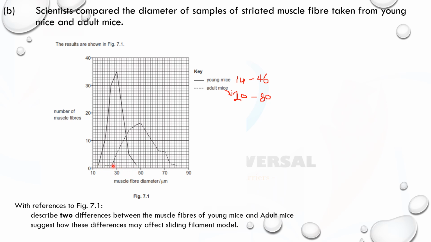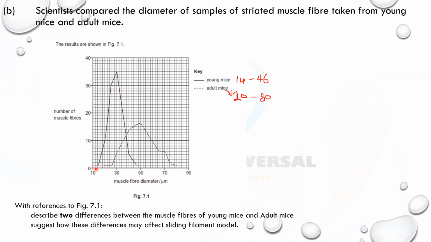because myofibrils make up the muscle fiber diameter. So smaller diameter means fewer myofibrils, and fewer myofibrils means fewer muscle proteins, like myosin and actin, and there's going to be smaller contraction compared to adults. So adults can run faster.